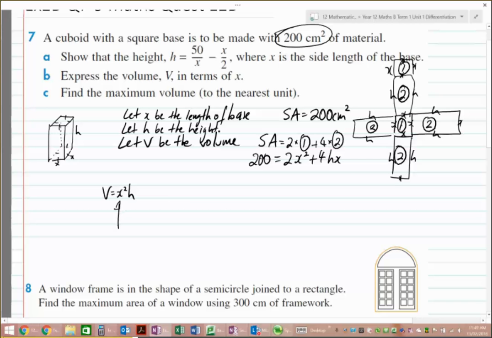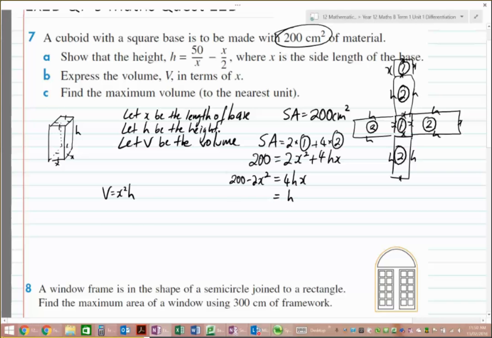Again, I look at these 2 things that I can possibly substitute in. I'm going to choose h, because the thing I have to substitute in there, I won't have to square. And if I'm trying to rearrange for x here, it's going to be pretty hard. So I'll bring 2x squared over, 4hx, and then rearrange this for h.